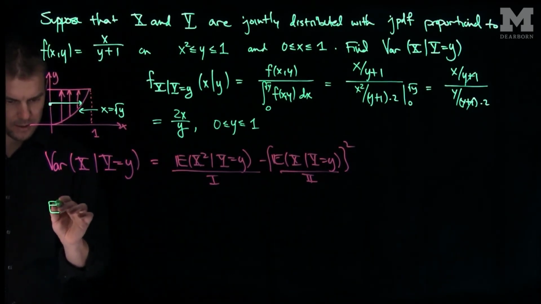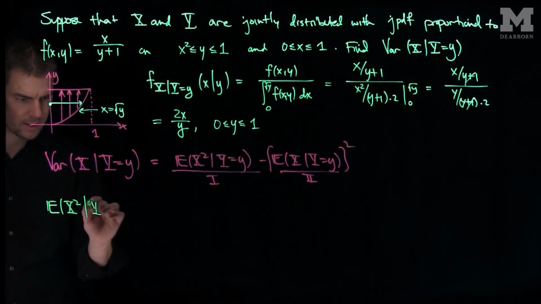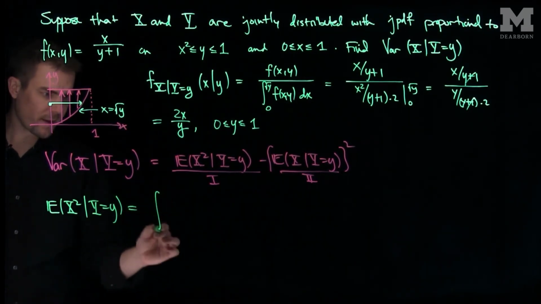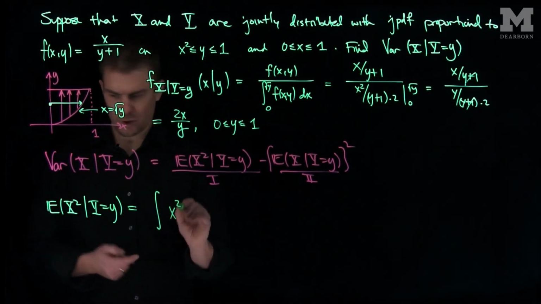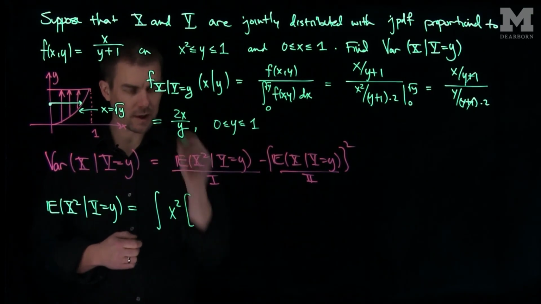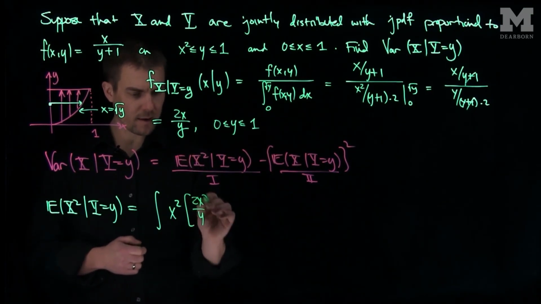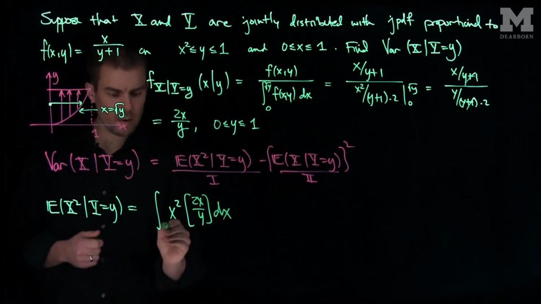So 1 is the expected value of x squared given that y is equal to little y. And that's going to be the integral of x squared, that's the function we're integrating, times the conditional density function, which is 2x over y, with a dx integration. Now where does x go from in this region? x goes from 0 up to root y.